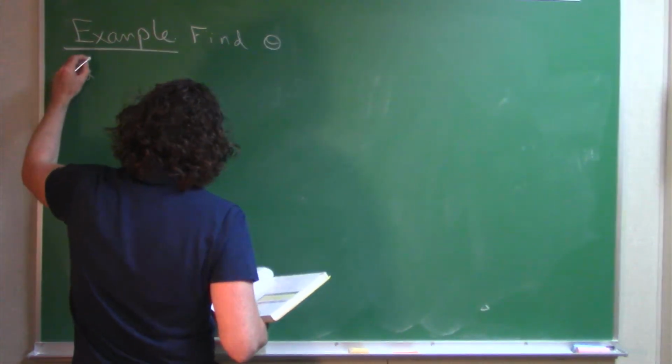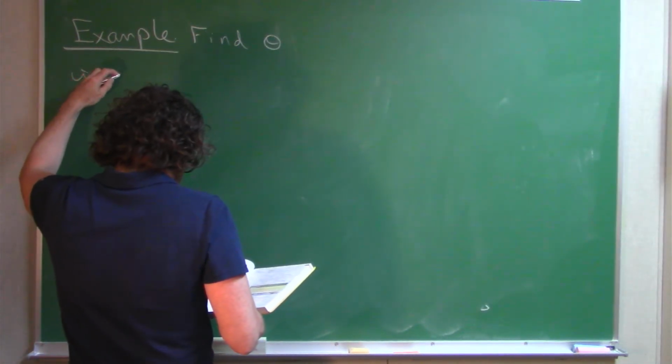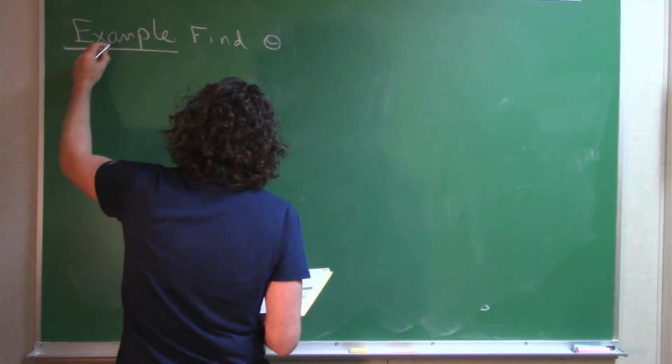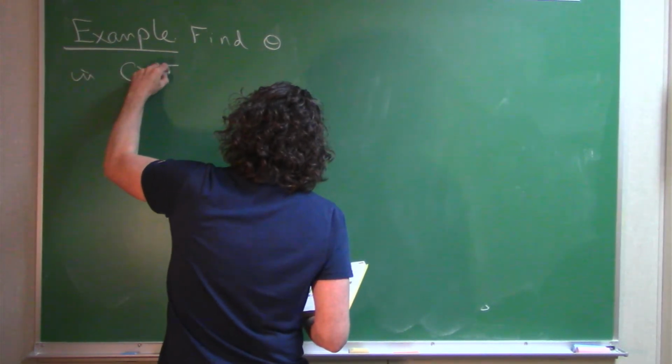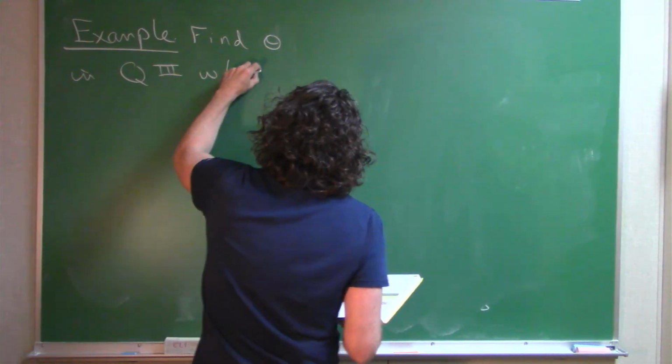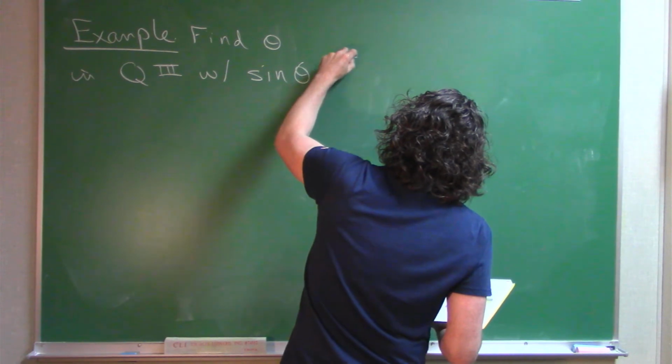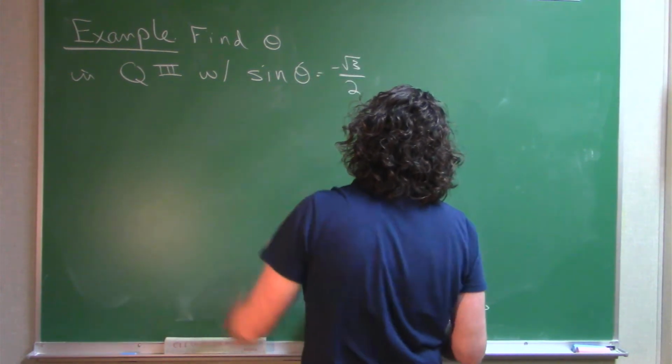Find theta in Q3 with sine theta equals negative radical 3 over 2.